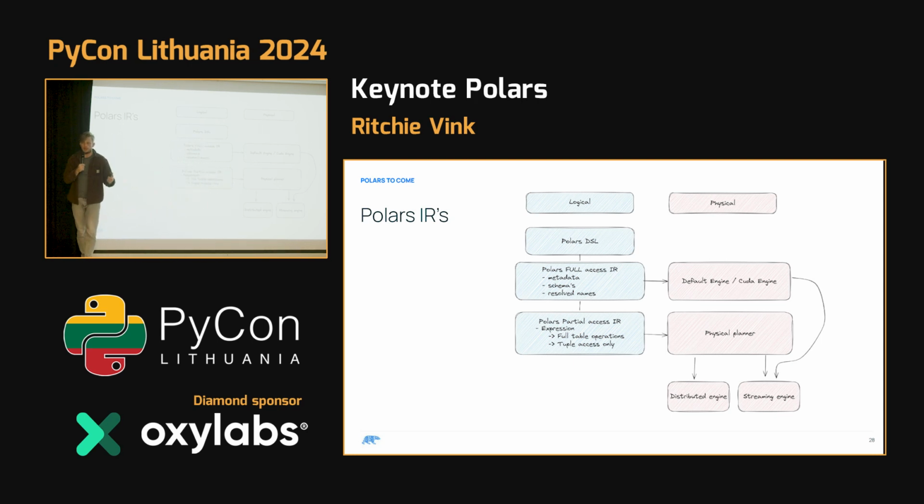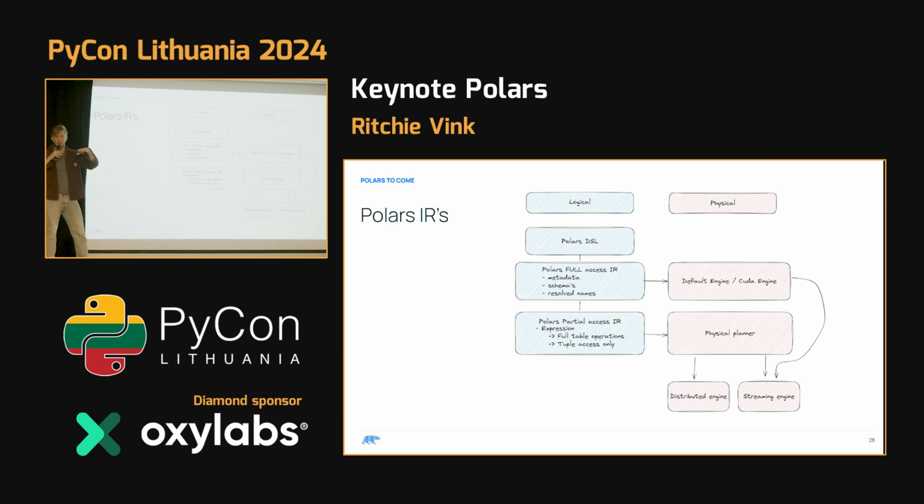But we want to add another IR. We want to add a partial access IR. And expressions here that access full data need to be translated to maybe just table operations, where you say, I'm taking this table, I do some operations, and then I cache it or I join it back with the original table. I first do the pass for the intermediate state, and then I will join it back.